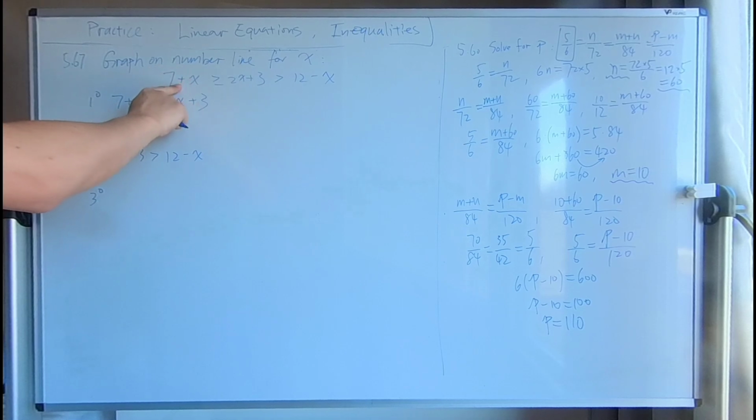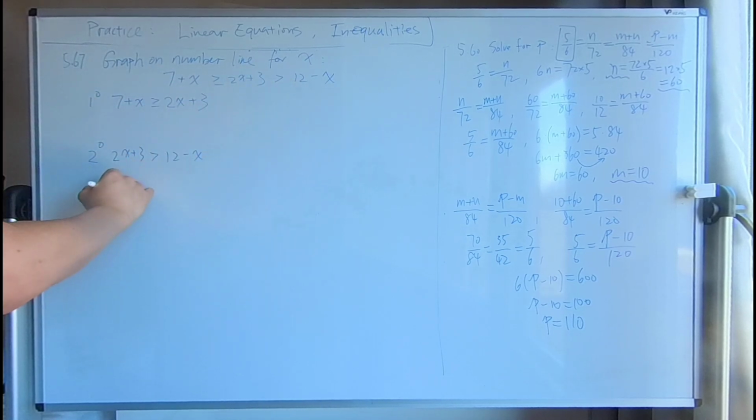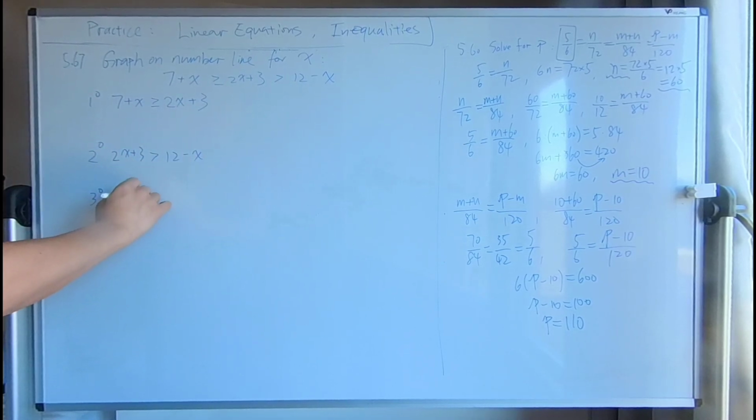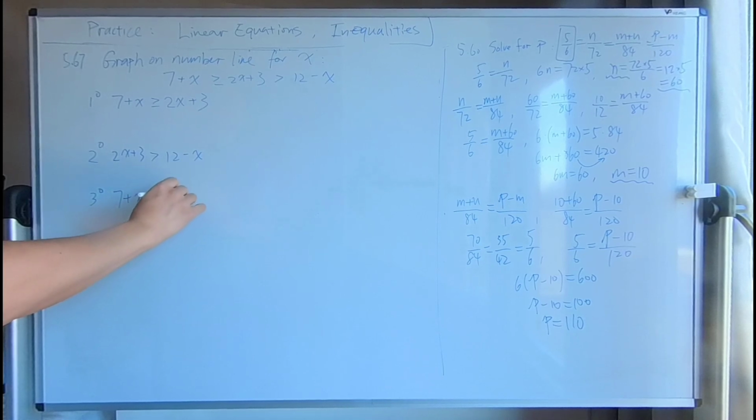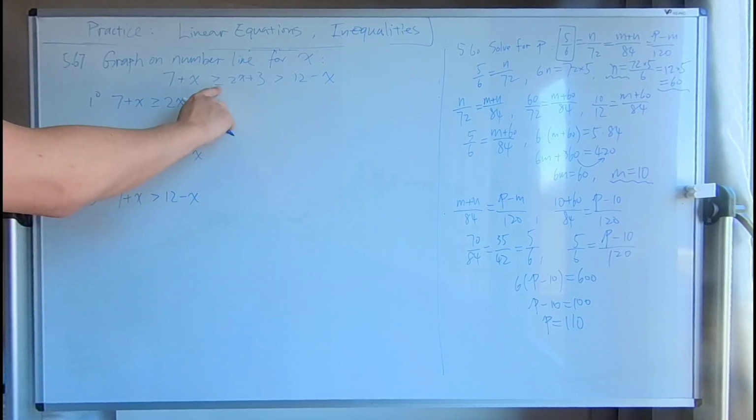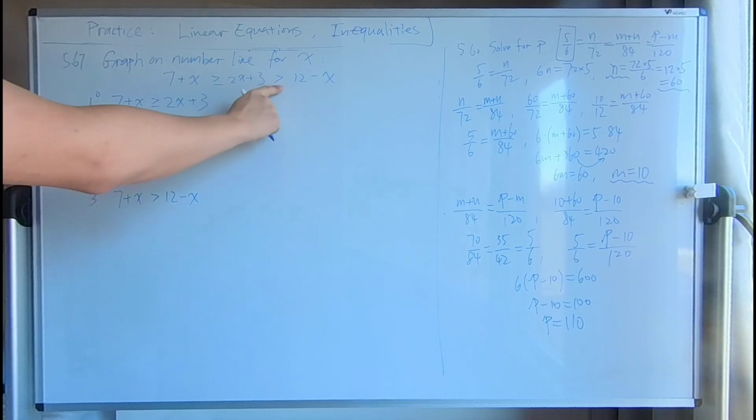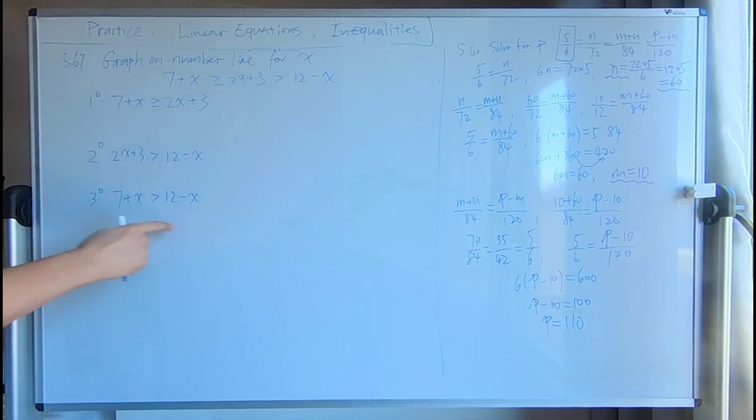So the first expression and the last expression will form another inequality. Even though this one is non-strict, this one is strictly greater than, so eventually it is still 7 plus x greater than 12 minus x.